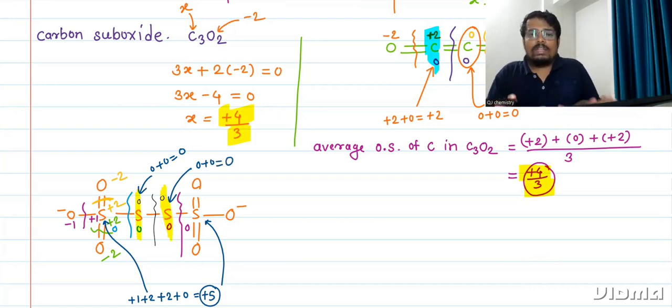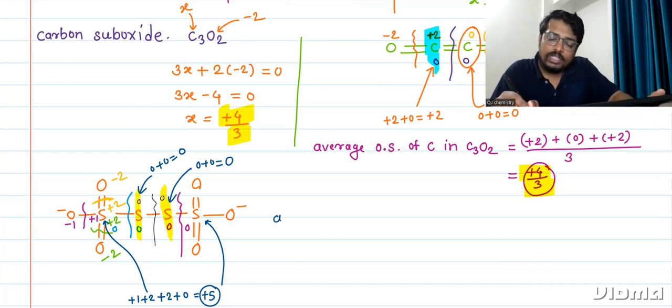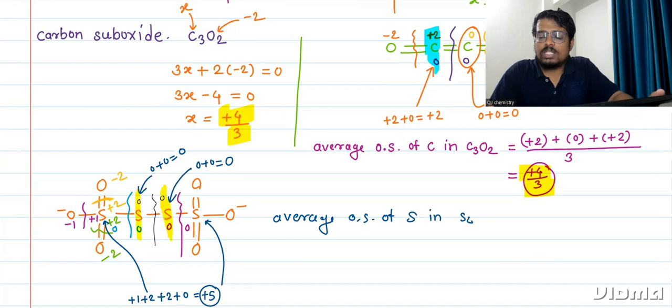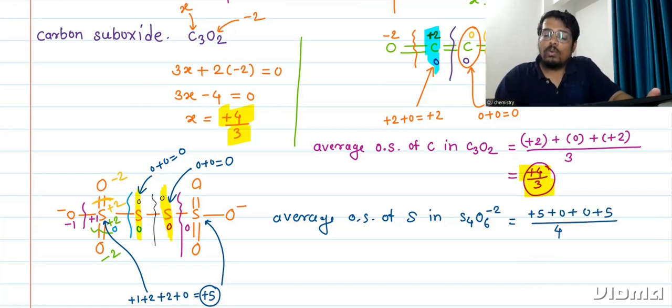So here also, let us take the average oxidation state for the sulfur atoms. Average oxidation state of sulfur in S4O6 2-, that is tetrathionate, is the average of +5 plus 0 plus 0 plus +5 divided by the total number of sulfur atoms, 4. That is 10 divided by 4, which is equal to 2.5.